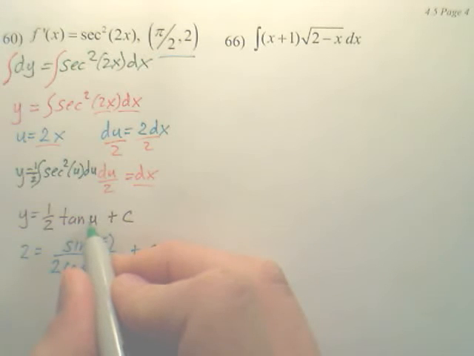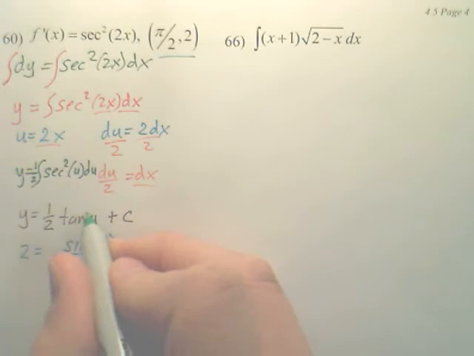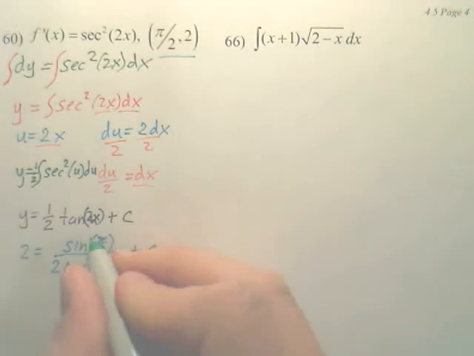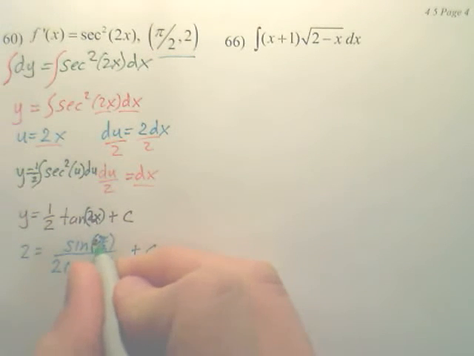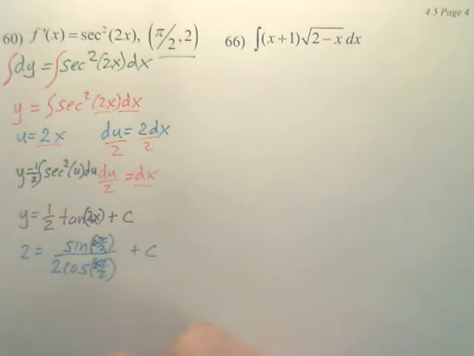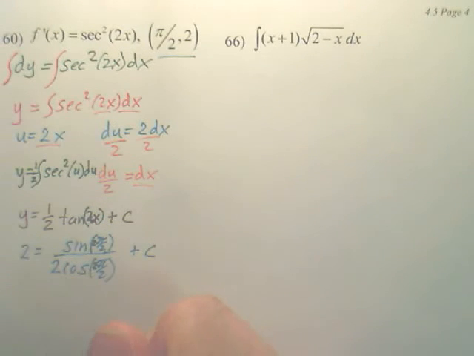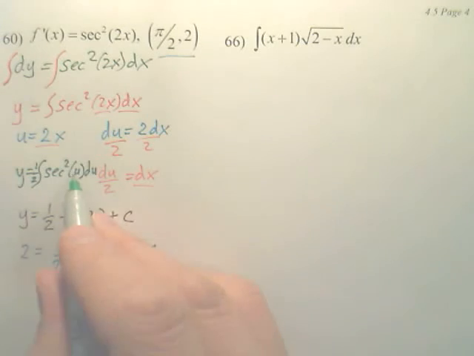What did I forget? Doesn't this become a 2x? So shouldn't this be a 2x here? Which, wouldn't that make there a 2 right there and a 2 right there? Which you can't see very well. Okay, that's a 2x, because we had to plug u back in.